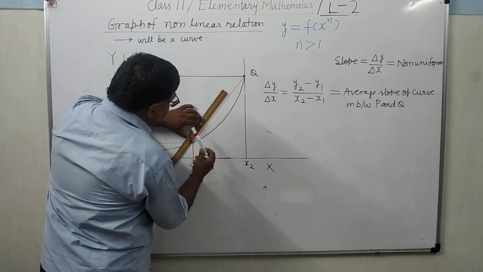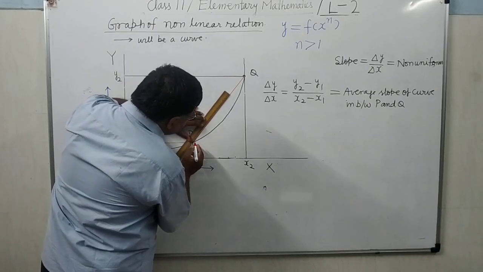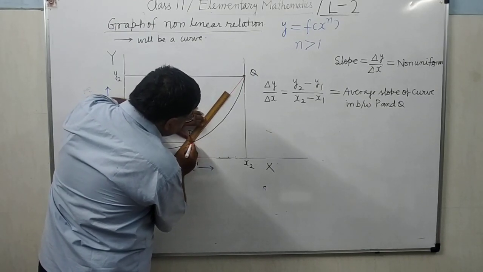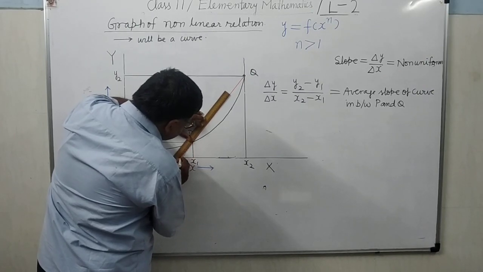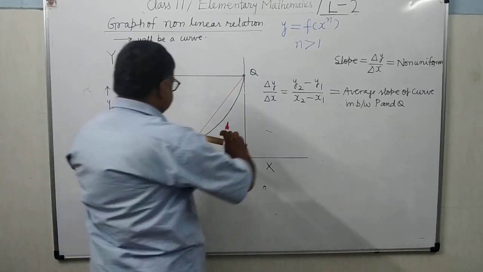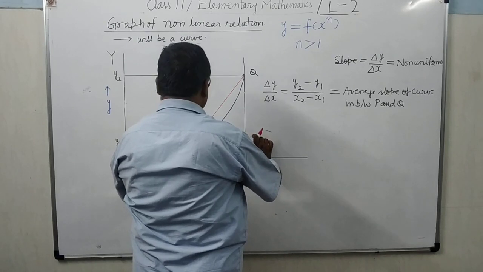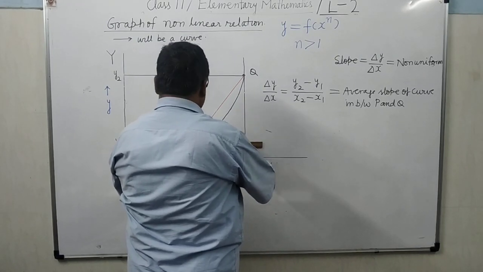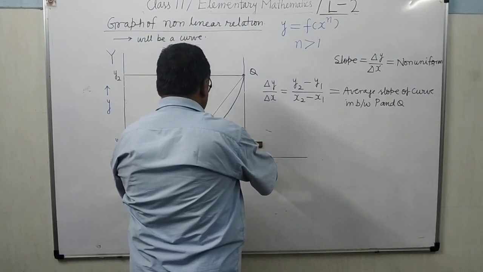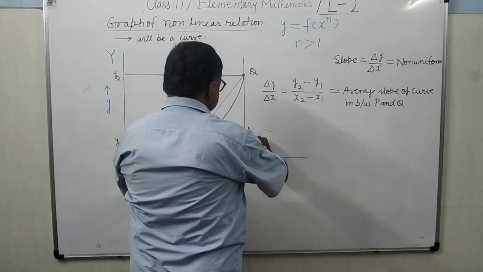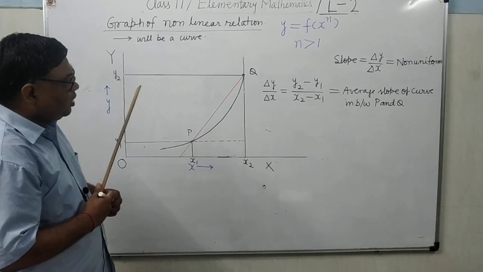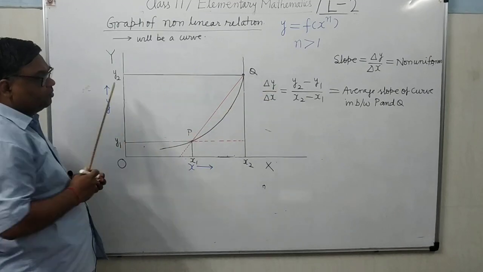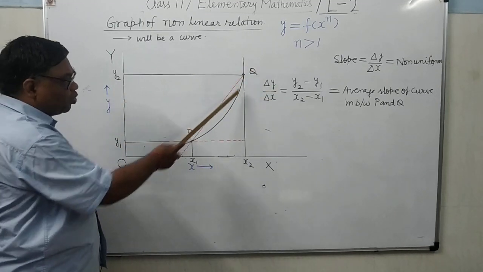You can see from here. Now in context of the curve, it is the average slope of the curve.